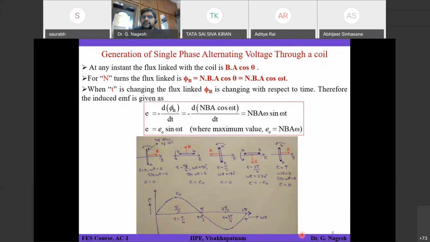This is the basic information on how the voltage is generated. This is the expression for a sinusoidal voltage which we have generated with a simple coil placed in a magnetic field of flux density B, and the coil is made to rotate with an angular velocity of omega radians per second. In that scenario you can get this kind of expression and this kind of voltage waveform. Clear?